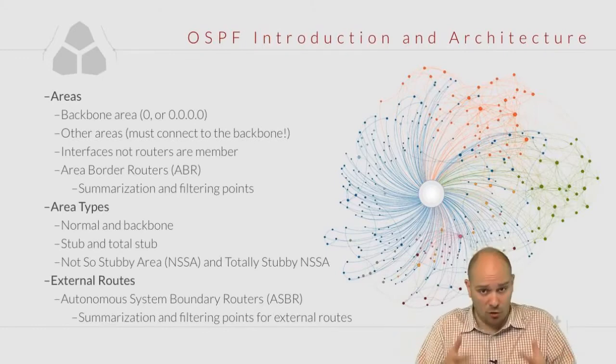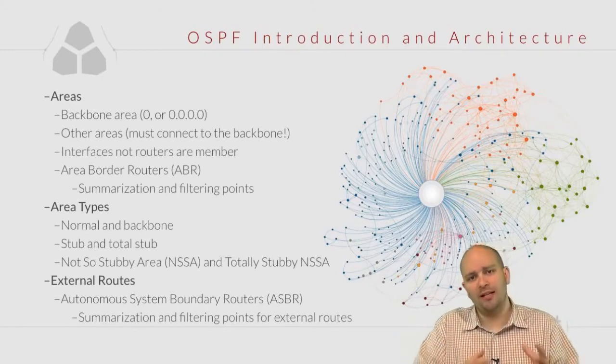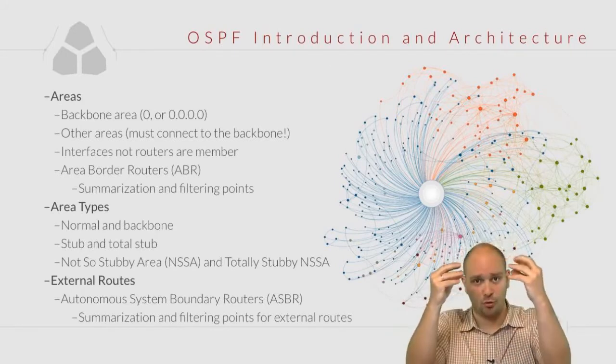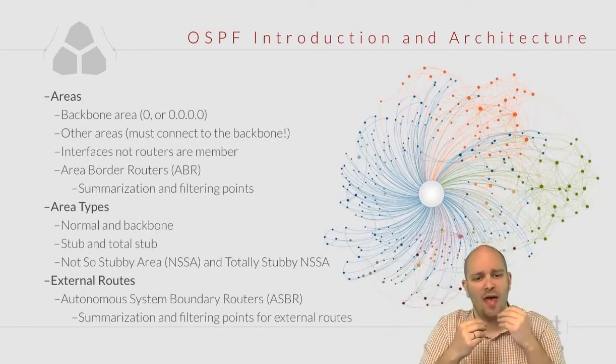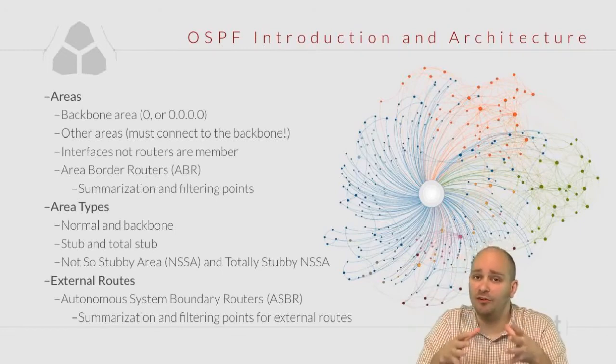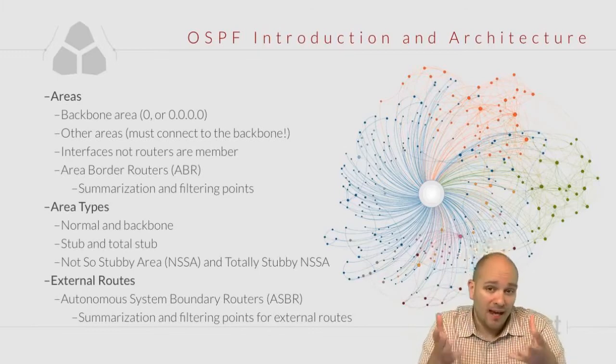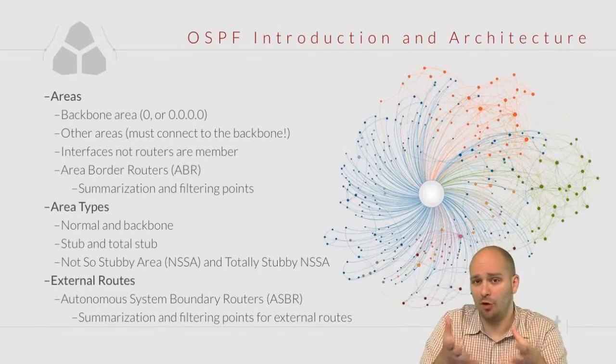And speaking of different areas, not only do all areas need to be organized in a hierarchical fashion, all connecting to area 0, but not all areas behave the same way. There are different area types. There are normal areas, and the backbone area is an example of a normal area.